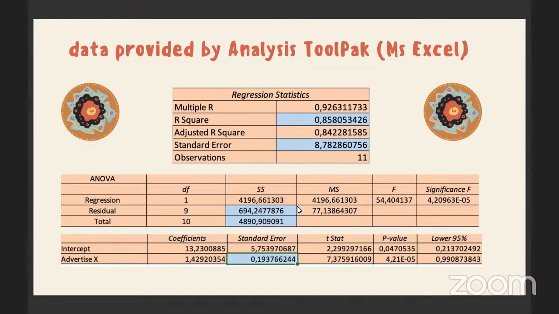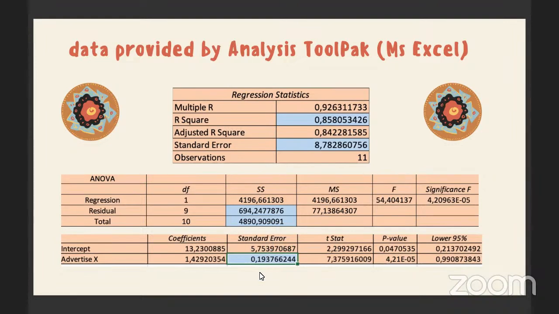From this ANOVA table, we know that our sum of squares is the SS in the third column. Our sum of square value is 614.24, and it is the sum of square error value. And then the sum of square total is 4,990 and so on.